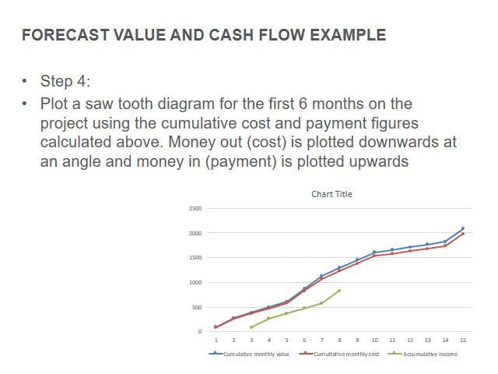So step 4, plot a sawtooth diagram for the first 6 months of the project using the cumulative cost and payment figures calculated above. Money out is plotted downwards at an angle, and money in, payment, is plotted upwards. Okay, I didn't do that.